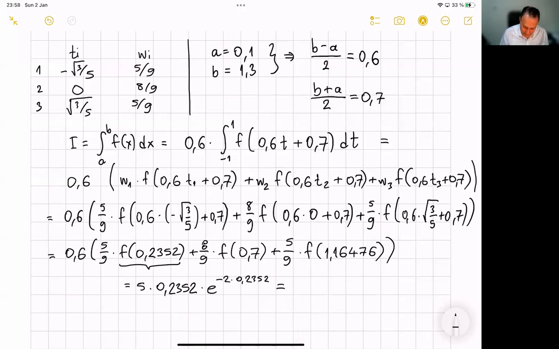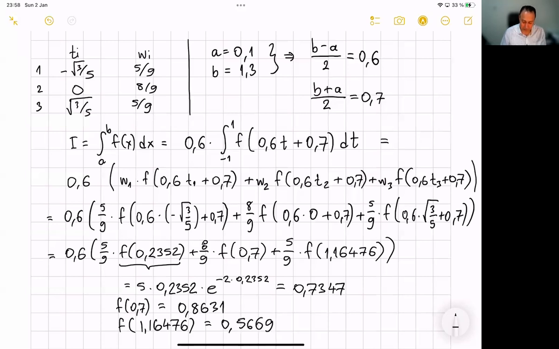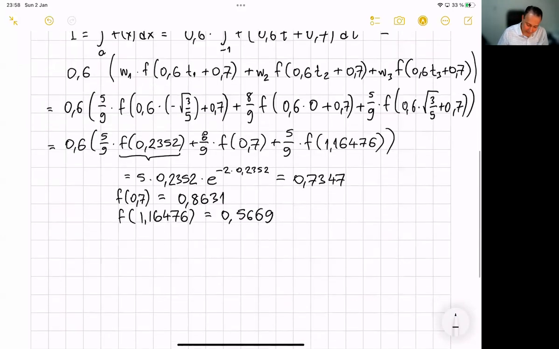So this is 0.7347, and I can easily find also the other values. This one will be 0.8631, and this one will be approximately this value. So I found the values of the function, and now I can easily apply these values.